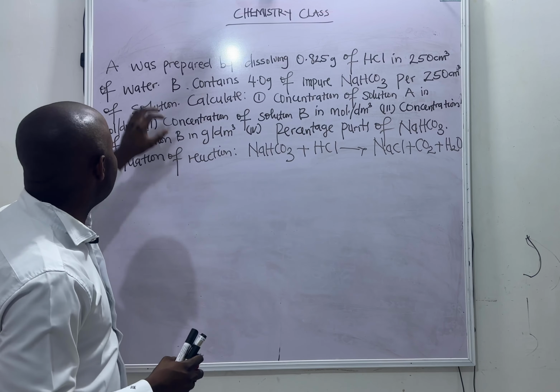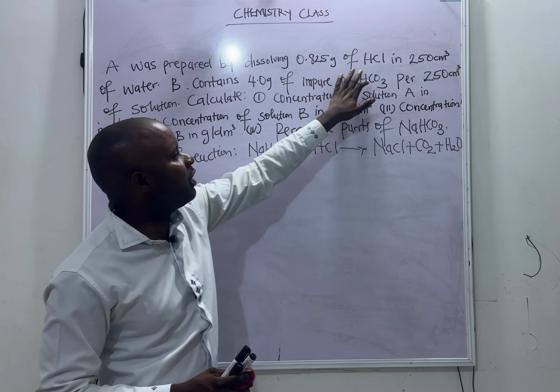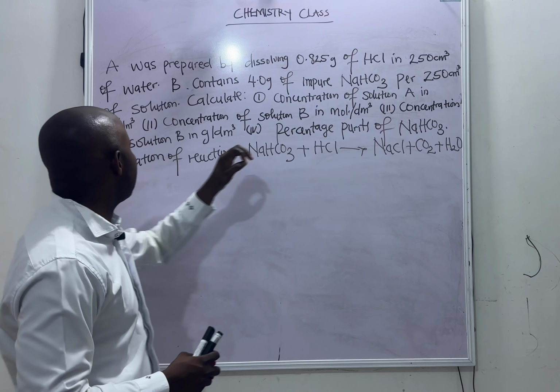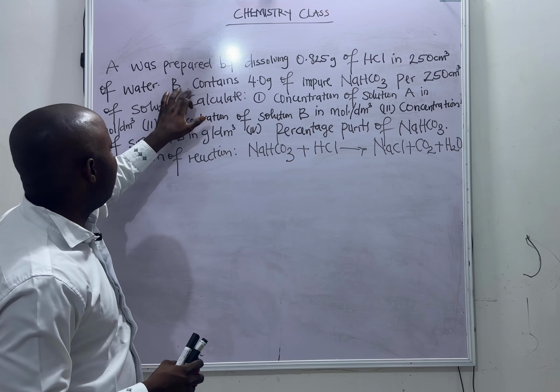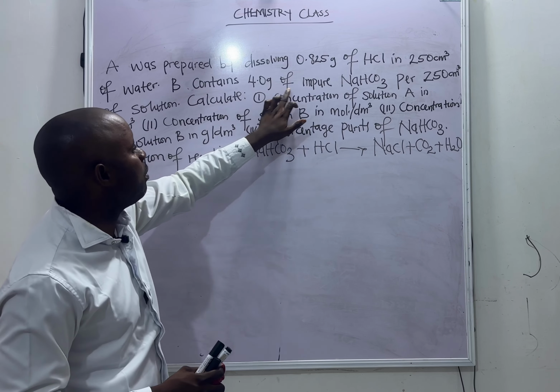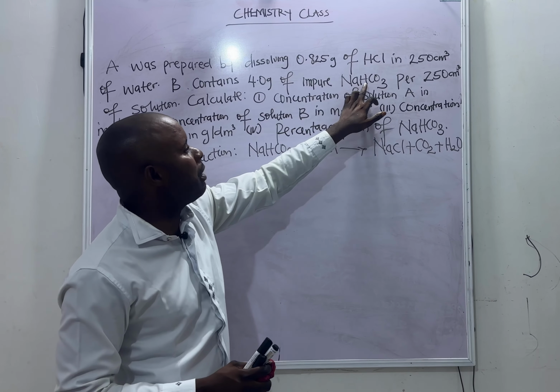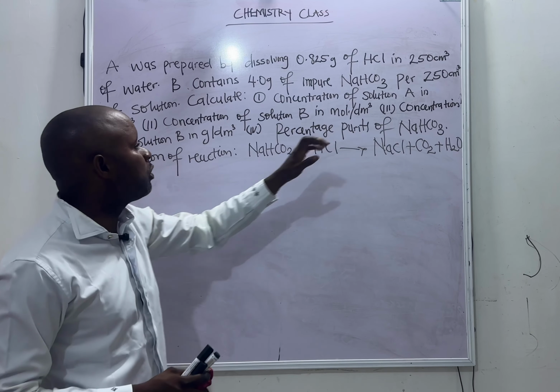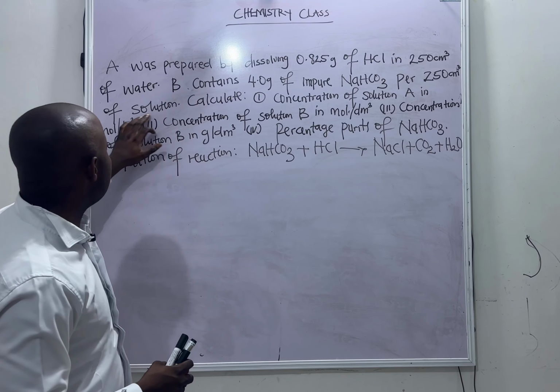So in this now, the question goes this way. Solution A was prepared by dissolving 0.825 gram of HCl in 250 centimeter cube of water. Solution B contains 4.0 gram of impure sodium hydrogen trioxocarbonate per 250 centimeter cube of solution.